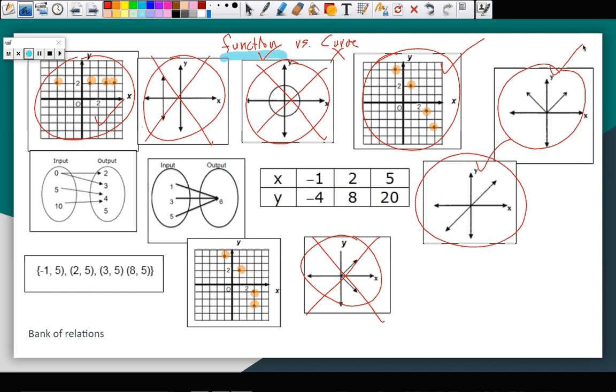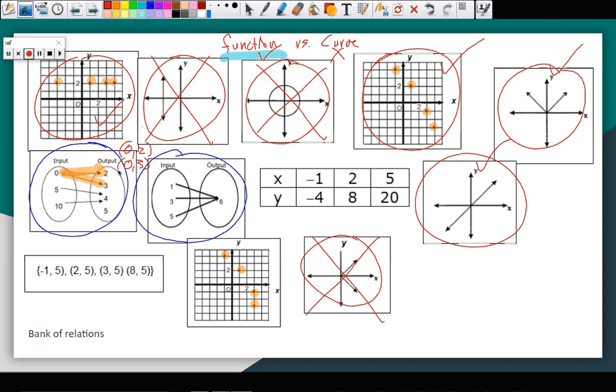All right. So now, let's look at these. These are a little bit different. These are mapping functions, where maybe it's a function, maybe it's not. The thing that should stand out to you is that 0 maps to 2 and 0 maps to 3. You may have learned this already: 0 mapping to 2 is the point (0, 2), and 0 mapping to 3 is (0, 3).